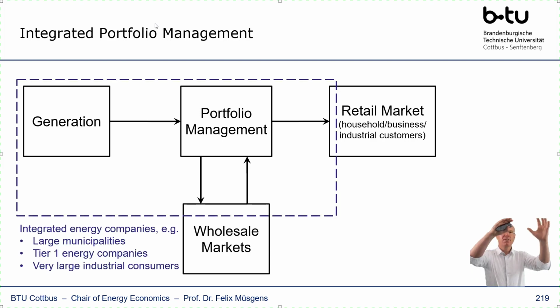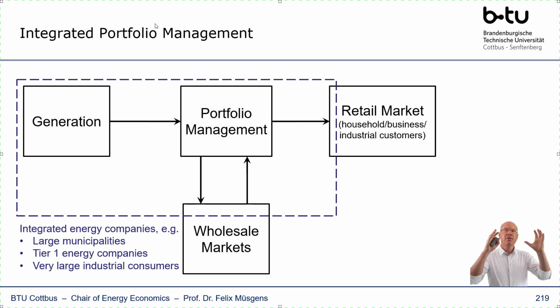So this is what you see here in this blue box. This is an integrated portfolio. It does have generation, it does have retail customers indicated by having the dashed line within the retail market box, and it is active on the wholesale market, again indicated by the dashed line cutting through the wholesale market.